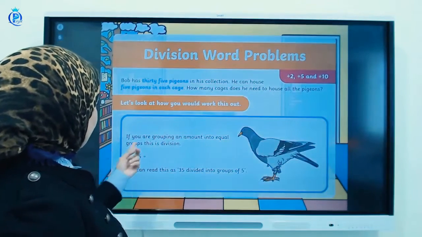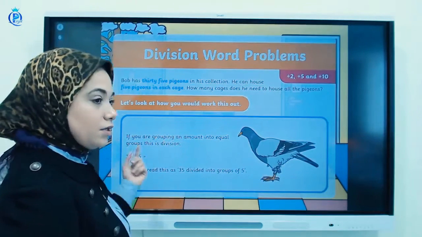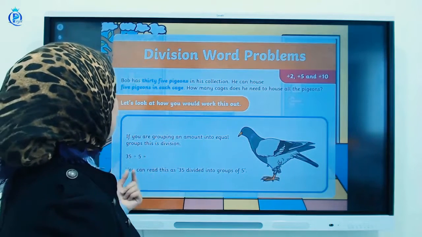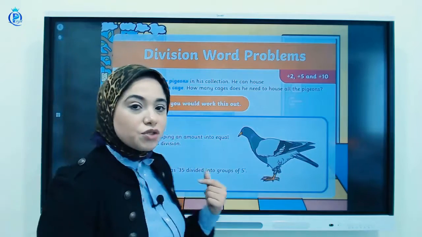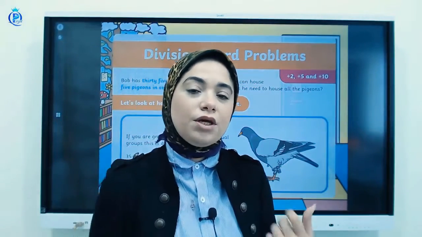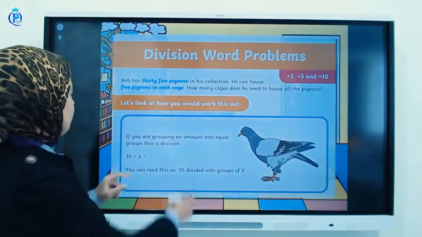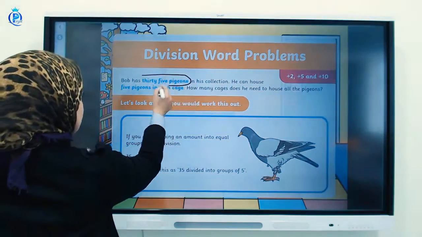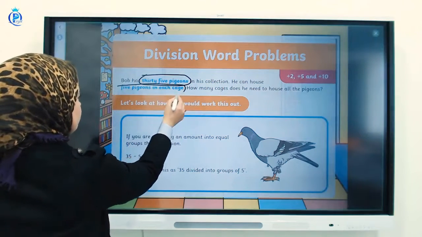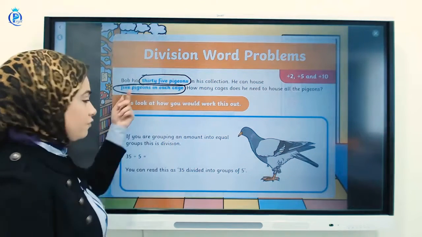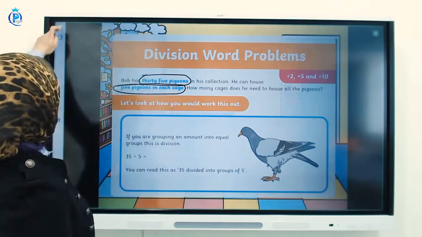If you are grouping an amount into equal groups, this is division. He told me in each group, so each means divided by. So I will divide 35 divided by 5.